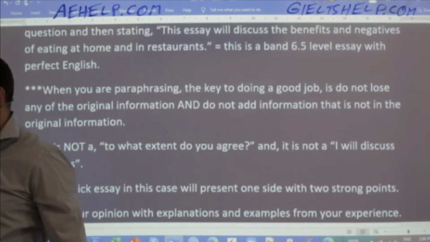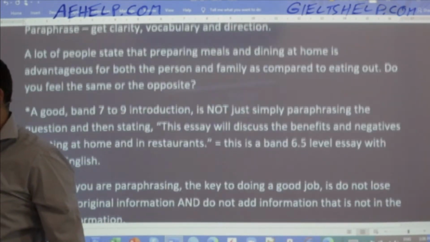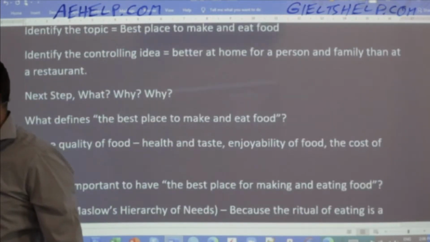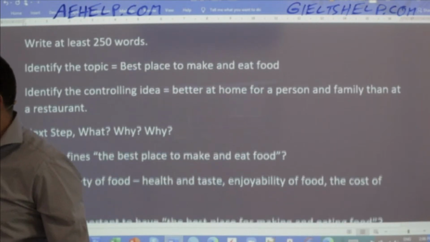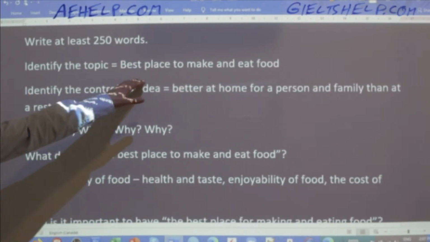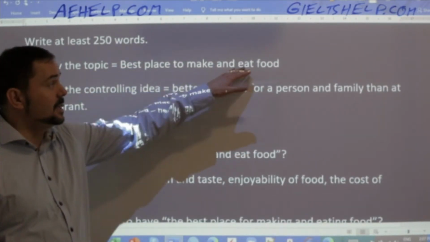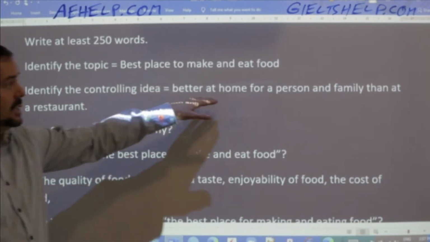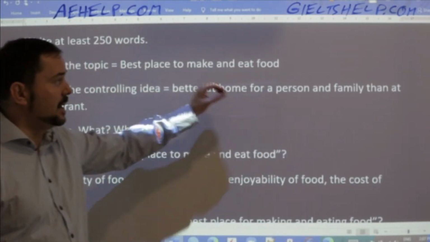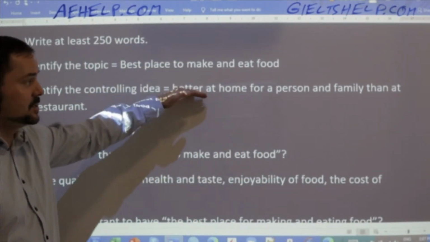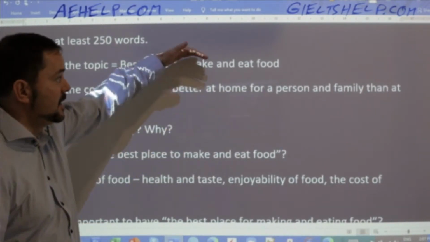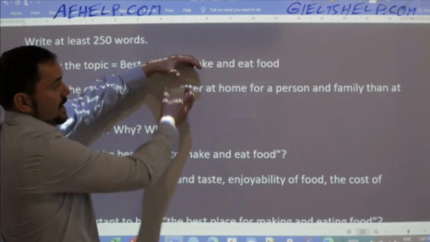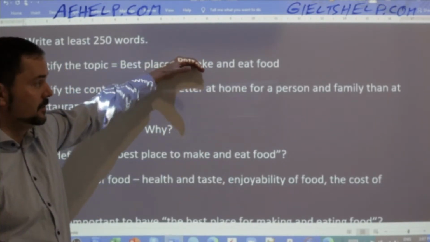Then the second one is making sure that you really do have the right topic and the right idea. So your topic has to be concise and clear. Your controlling idea has to be concise and clear. You have to understand that this and this, they're not the same. This is a part of this. This is an umbrella, and this is a part of that umbrella that you're exploring, okay?